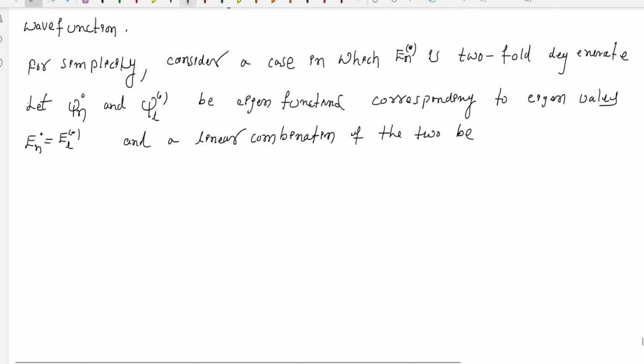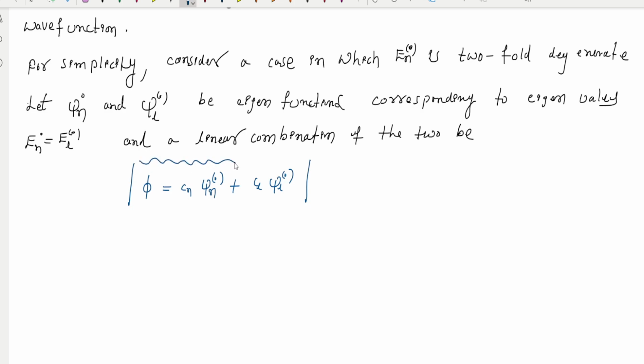so suppose I write like this: wave function psi equal to some constant Cn psi n power 0 plus some constant Cl psi l power 0. This linear combination wave function is very, very important.